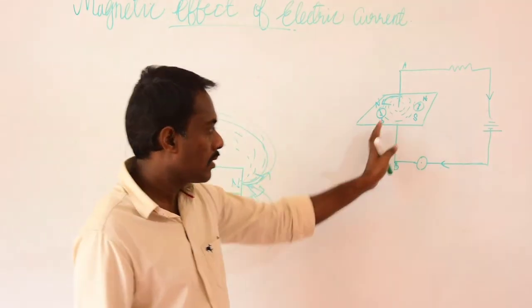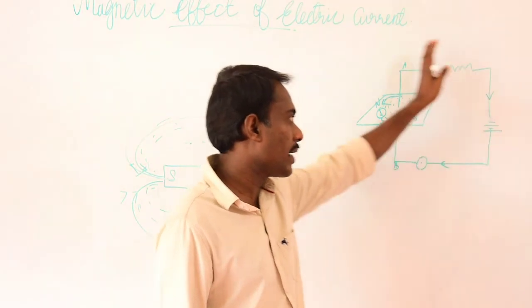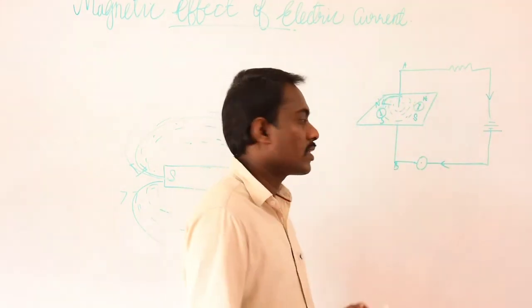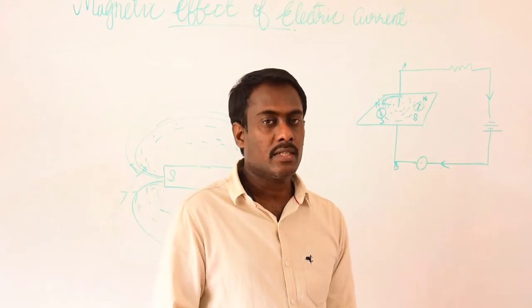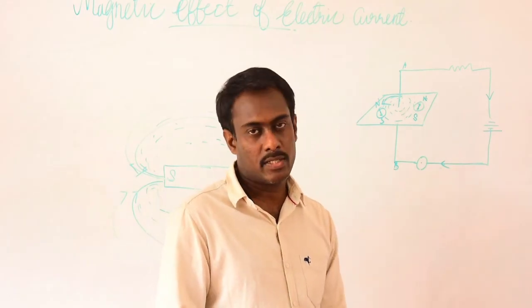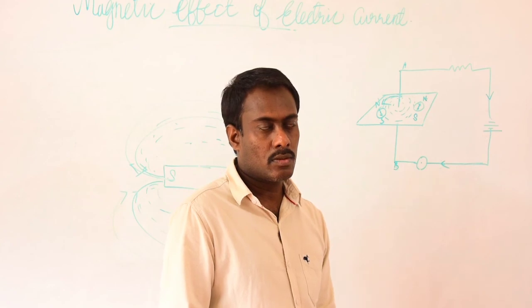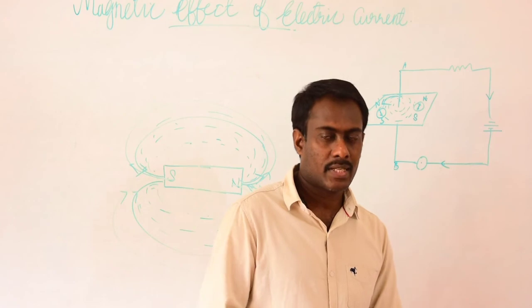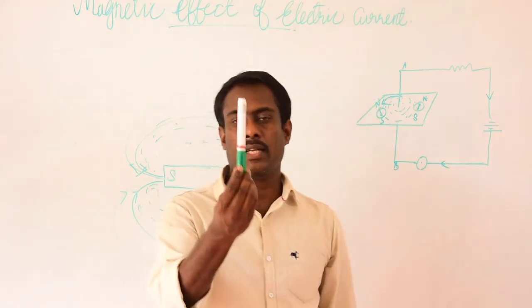To find out the direction of a magnetic field produced by a current carrying conductor, there is a conventional way, and that rule is known as the right hand thumb rule. Suppose this is a current carrying conductor.